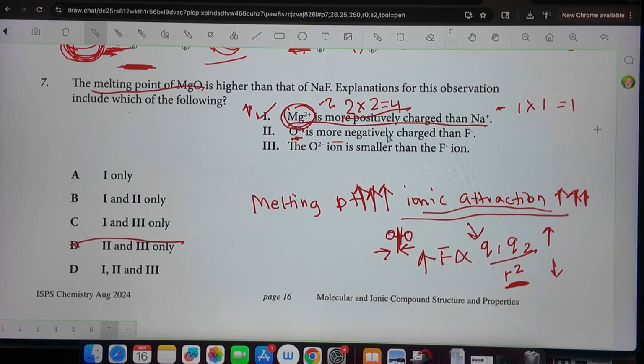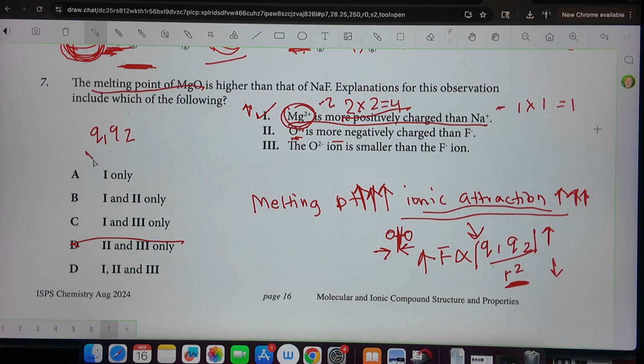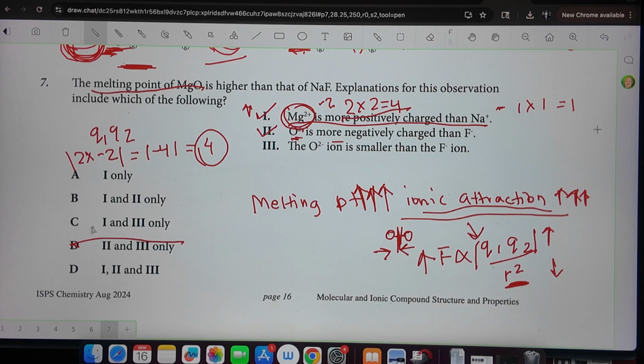When you do this with Q1 and Q2, what they don't often write is that it's the absolute value. So it wouldn't be 2 times -2 like that, it would be the absolute value, so the -4 would become 4, and that would be the answer. Okay, so 2 is right as well. Any answer that doesn't have 2 would be automatically wrong.